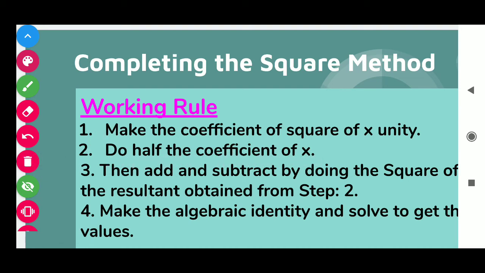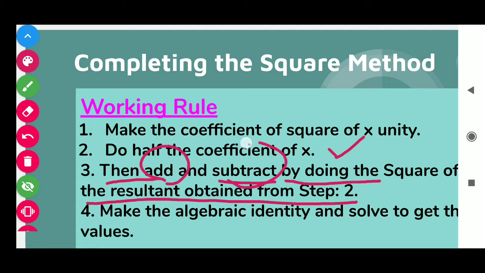And third one is then add and subtract by doing the square of the resultant obtained from step 2. स्टूडेंट, जो हमें result step 2 से मिलेगा उसे हमने squaring करने के बाद add and subtract करना है.